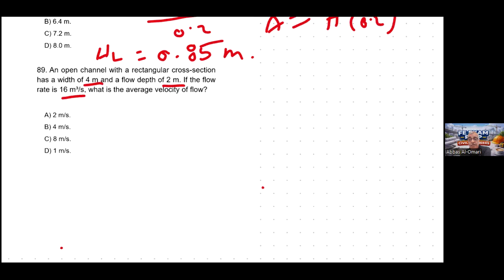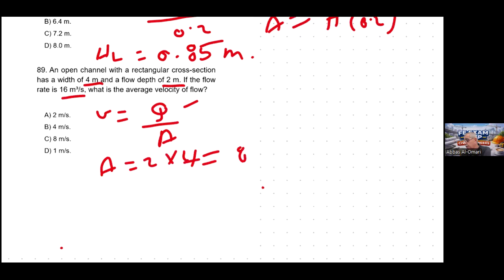In this type of problem, if we know the flow and the cross section, we simply apply V equals Q over A. That's it. The area is 2 by 4, which equals 8 meters square.